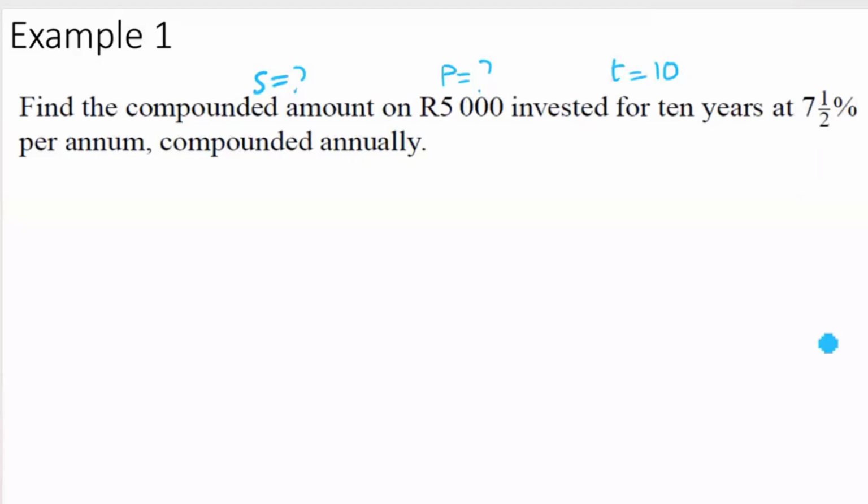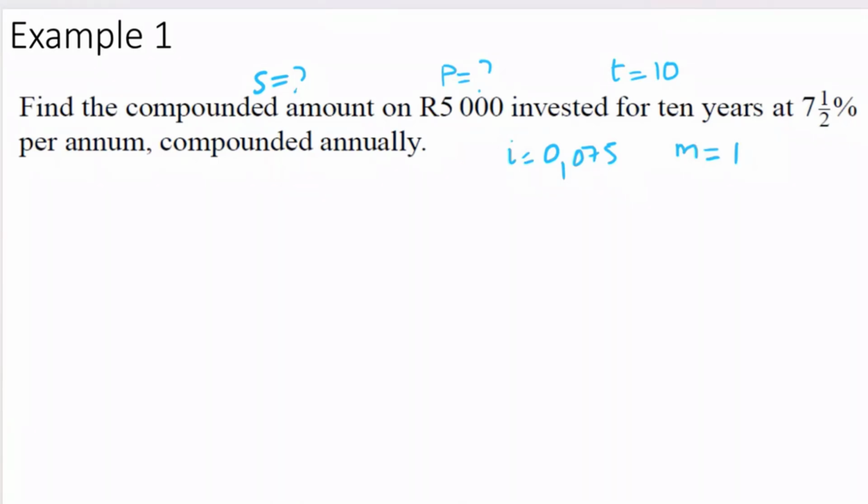So when we are saying compounded annually, it means your M is equal to 1. Compounding period is 1, and then your interest rate here is equal to 0.075. That's how you write your 7.5. Okay. So now you've got everything there.